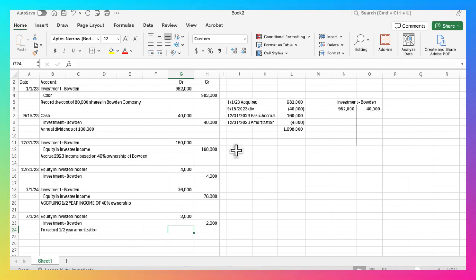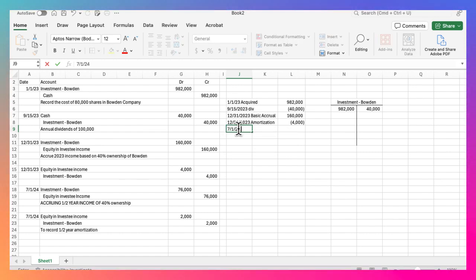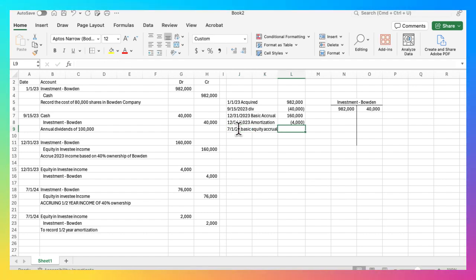All right. So now we can go back and say, okay, now let's get the actual cost, right? So included in that, we need to include our 2024 entries that we did, okay? So we're going to say on 7/1/24, we recorded the basic equity accrual, which is at 76,000.